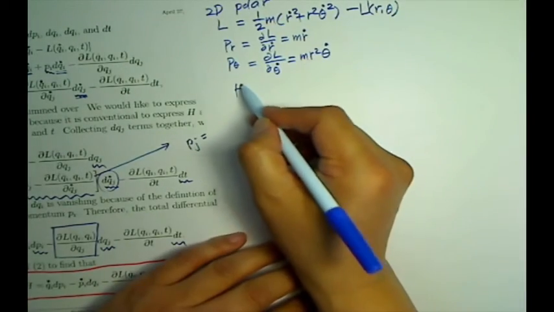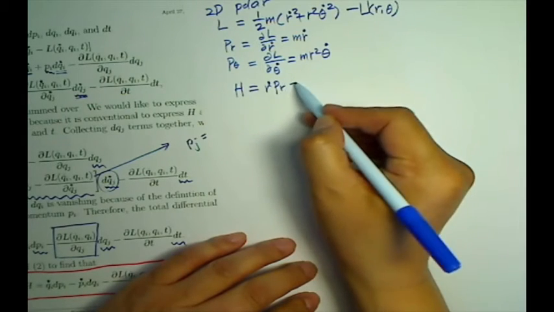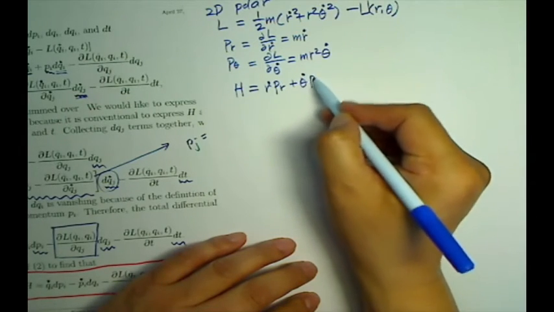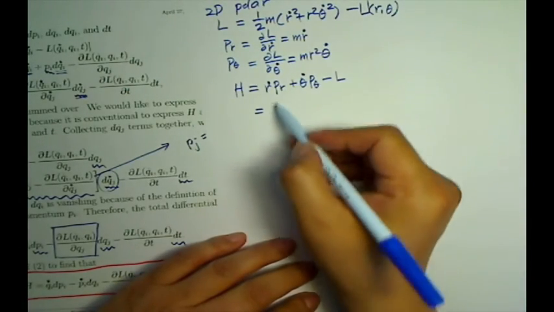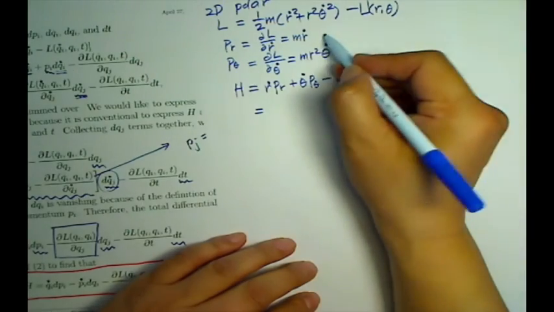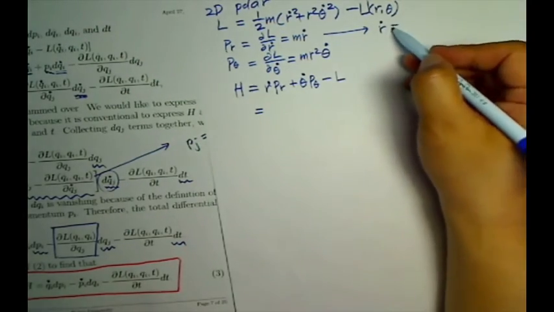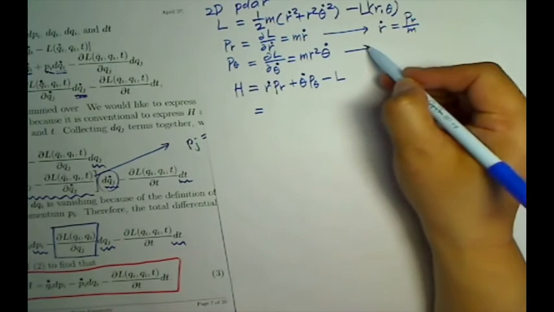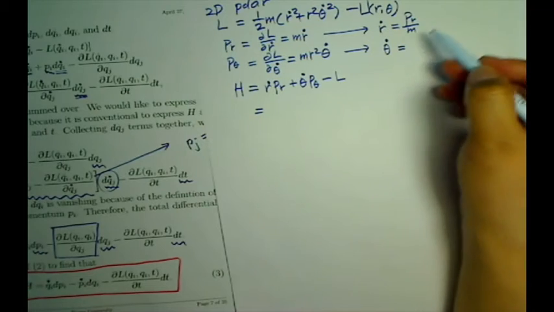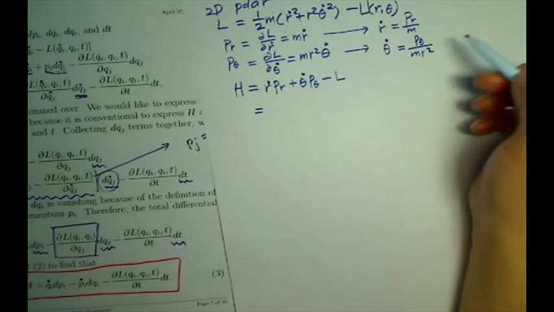The Hamiltonian is, here, r dot equals p_r over m, theta dot equals p theta over m r squared.